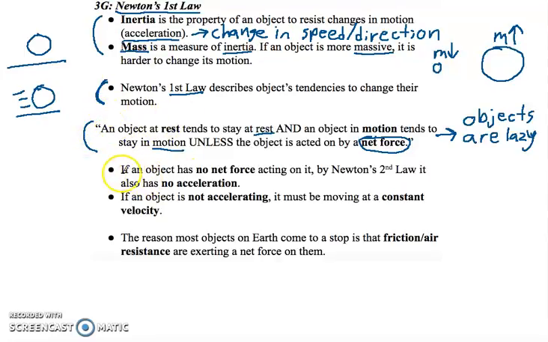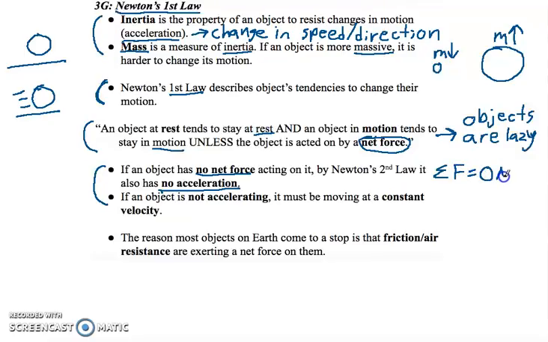There's a couple subtleties to it that are good to point out right here. If an object has no net force on it, by Newton's second law, it also has no acceleration. We've seen this in previous sections, but it's good to think about it again.